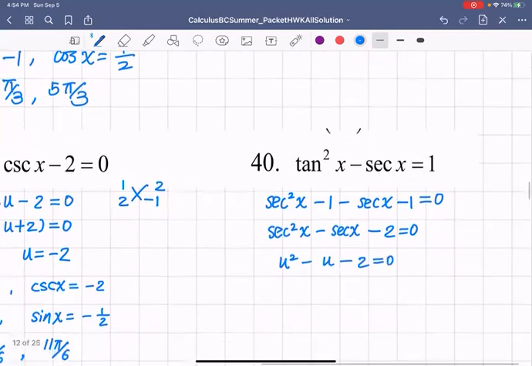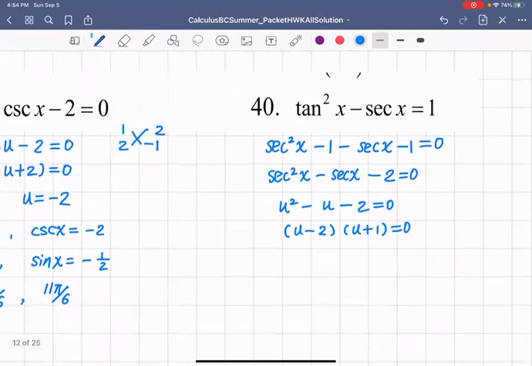Okay. And then that's u minus 2 and u plus 1. And then now u is equal to 2 and -1. And if that's secant, that means secant is equal to 2 and -1.